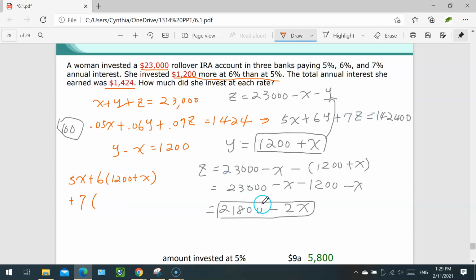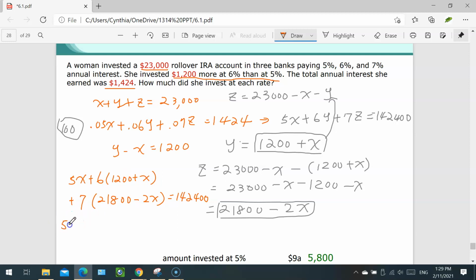Now I'm going to substitute the z into this form: 21800 minus 2x. So this is x, this is y, this is z. Equal 142400. Now if you look at the entire equation here, we only have the single variable x. So we can solve for x from here.